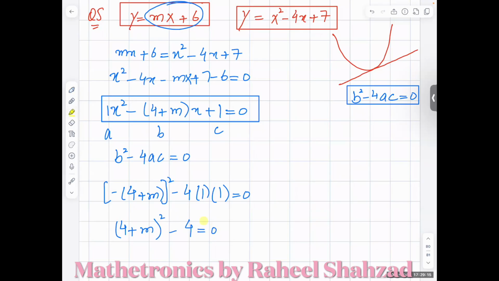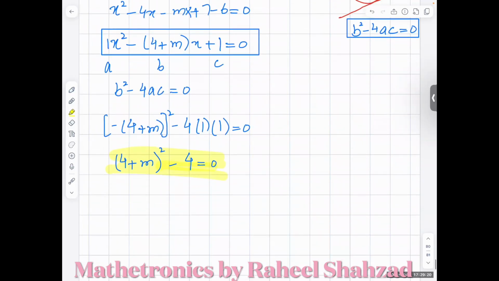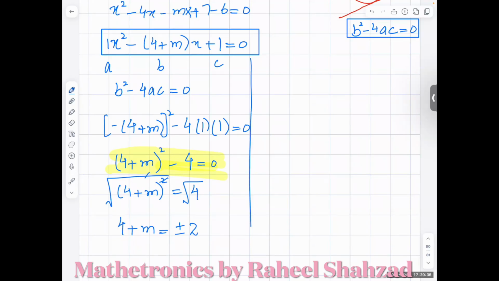Now it's up to you: you can expand (a plus b) whole squared, or we could do it another way as well. (4 plus m) whole squared is equal to 4, and then we can take the square root on both sides, giving 4 plus m equals plus or minus 2. Then 4 plus m equals 2, and 4 plus m equals negative 2. Lina, is it clear?